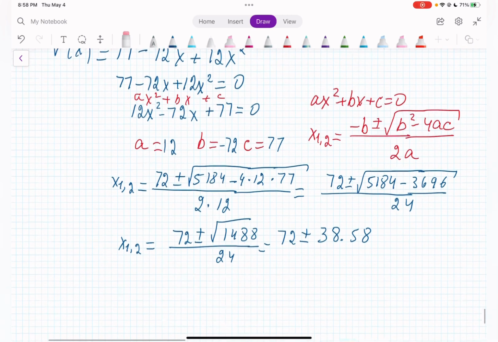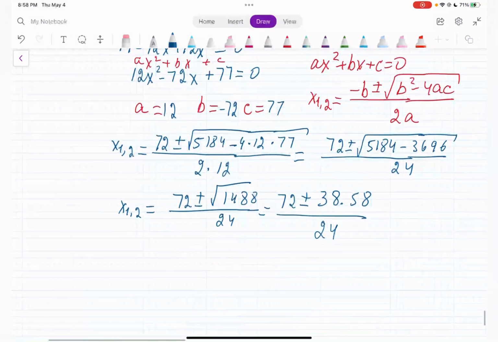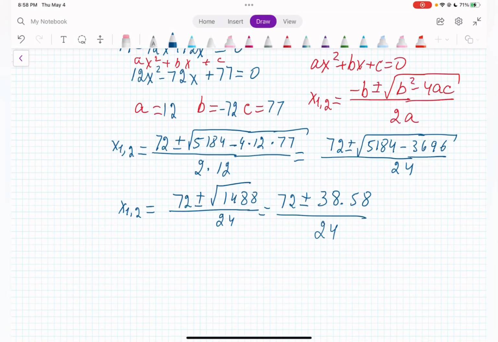Okay, and we divide by 24. So what do we get? Obviously, if we get a negative number, we are going to cancel, but we don't get a negative number. Yes, 72 is bigger than 38.